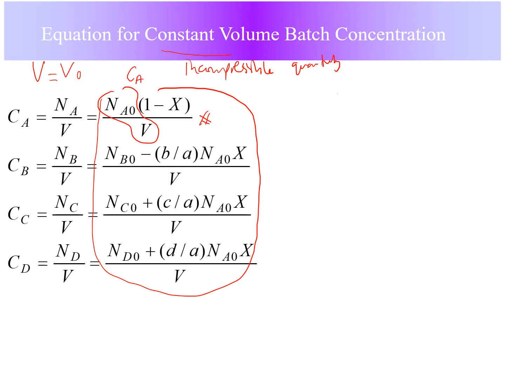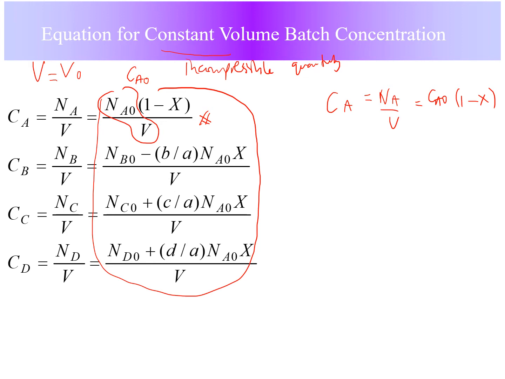So CA is equal to, sorry, this should be CA naught, Na over V is equal to CA naught times 1 minus X. That's the ultimate aim, to convert into concentration.